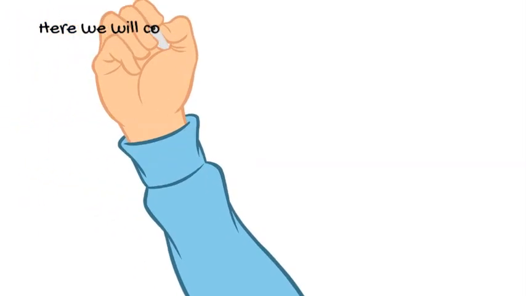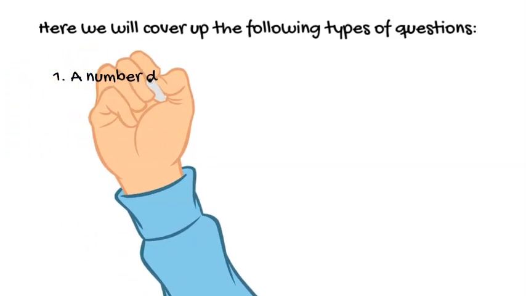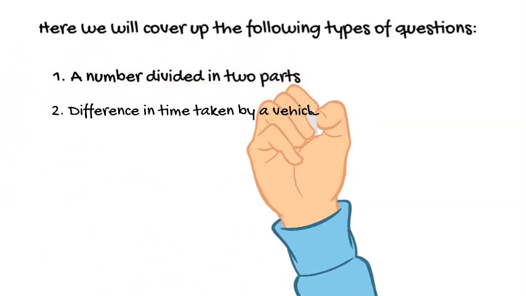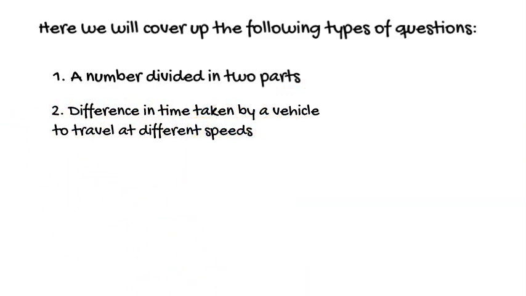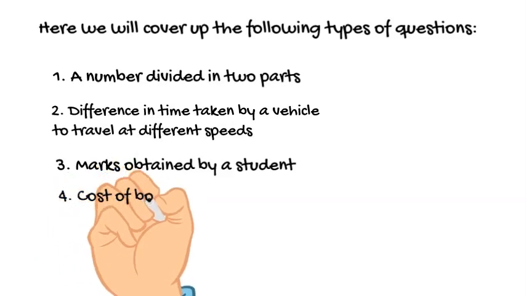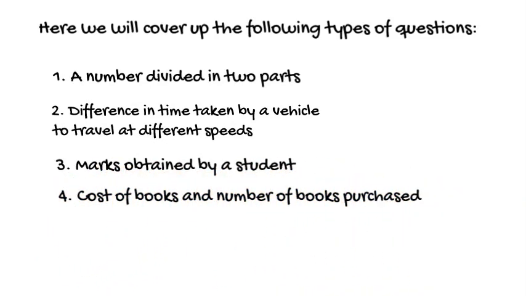Here we will cover the following types of questions: a number divided in two parts, difference in time taken by a vehicle to travel at different speeds, marks obtained by a student, cost of books and number of books purchased.